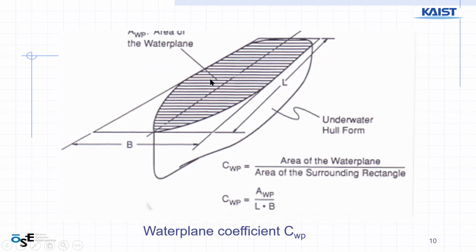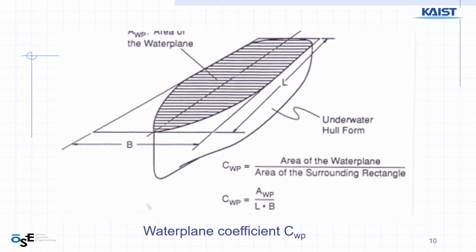The water plane is cut at the draft level, and then we can see the area, which becomes the water plane area, and a rectangle by multiplying L and B. So the water plane area divided by L and B gives the water plane area coefficient.